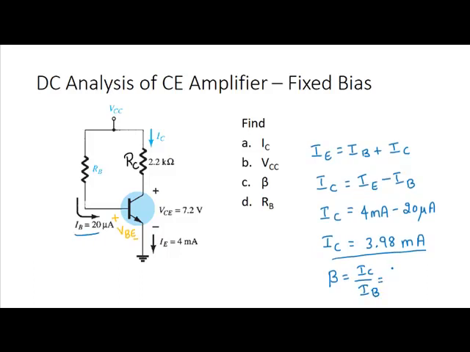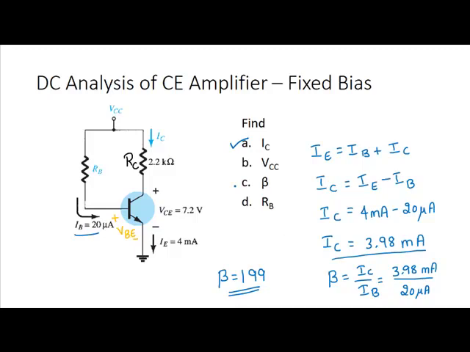So IC is 3.98 milliampere, whereas IB is 20 microampere. So this gives me a value of 199 for beta. So beta value is 199.